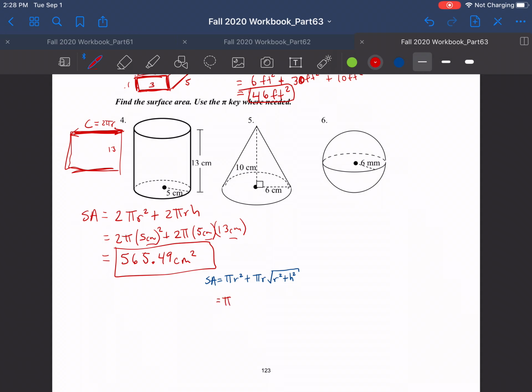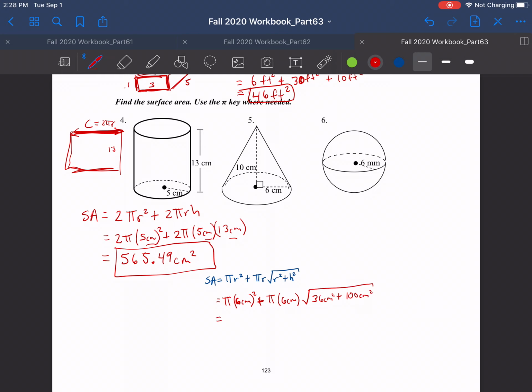So this is pi times the radius of 6 centimeters squared. Plus pi times the radius of 6 centimeters times the square root of 6 centimeters squared, which is going to be 36 centimeters squared, plus the height squared, 10 squared, 100 centimeters squared.